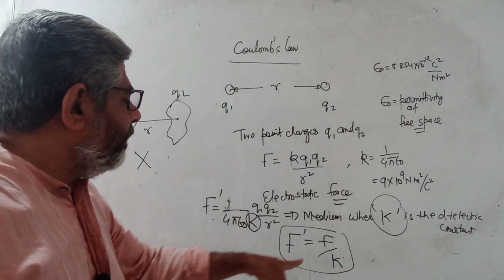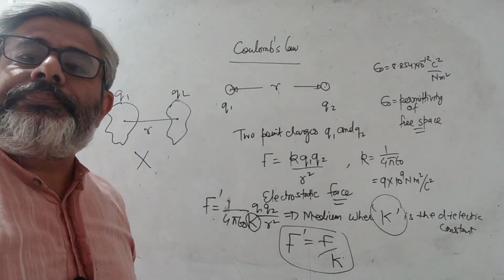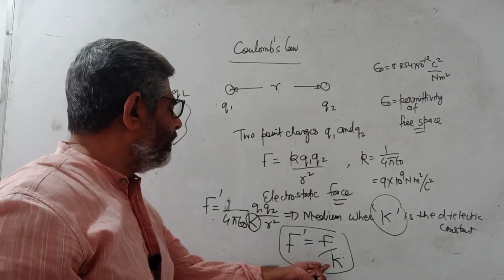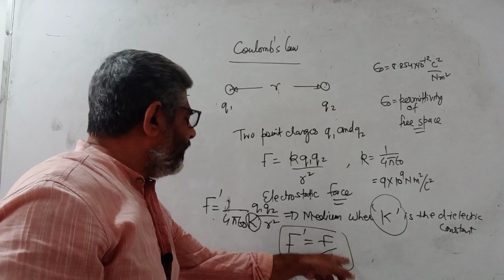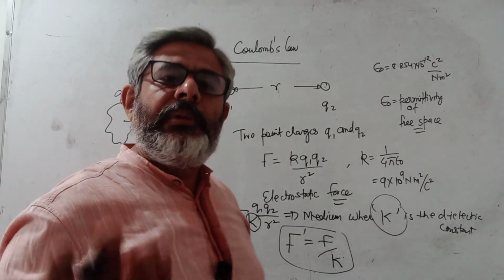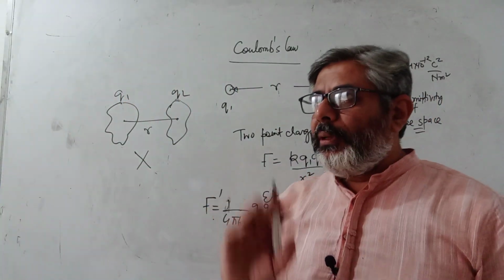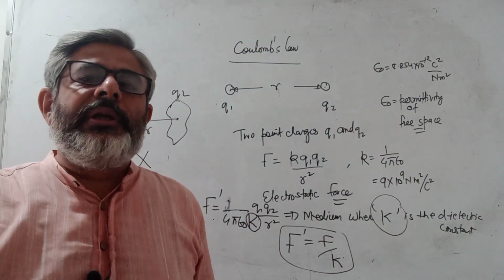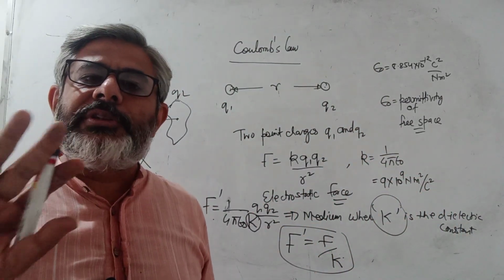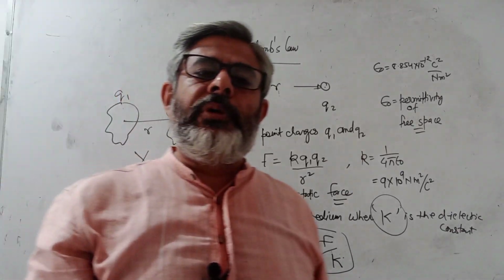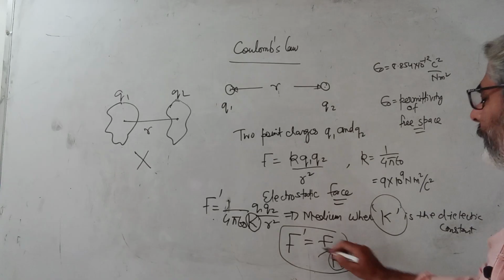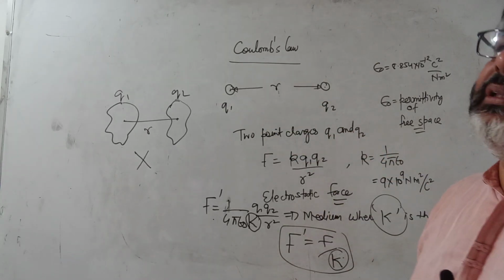It means that the force in a particular medium which has a dielectric constant K is K times less than the force in vacuum. So for example, there are two charges and the force there is 100, and you are putting it in a medium which has dielectric constant 10. The force will become 100 upon 10, that is 10 only. So dielectric constant is the term which reduces the force between the charges.